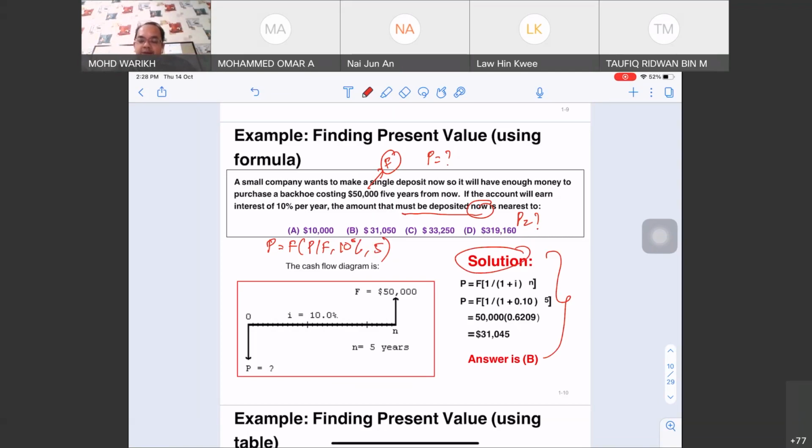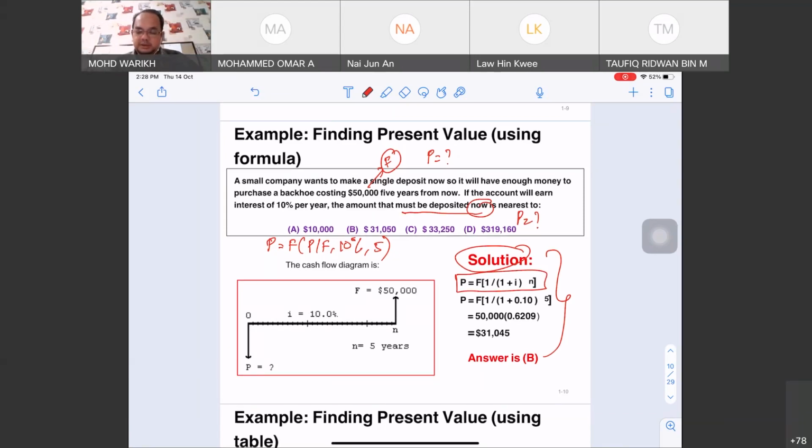So use the formula. You can refer to the table of the formula, and then you just key in the parameters and you will get the answers. Or you use the tables.